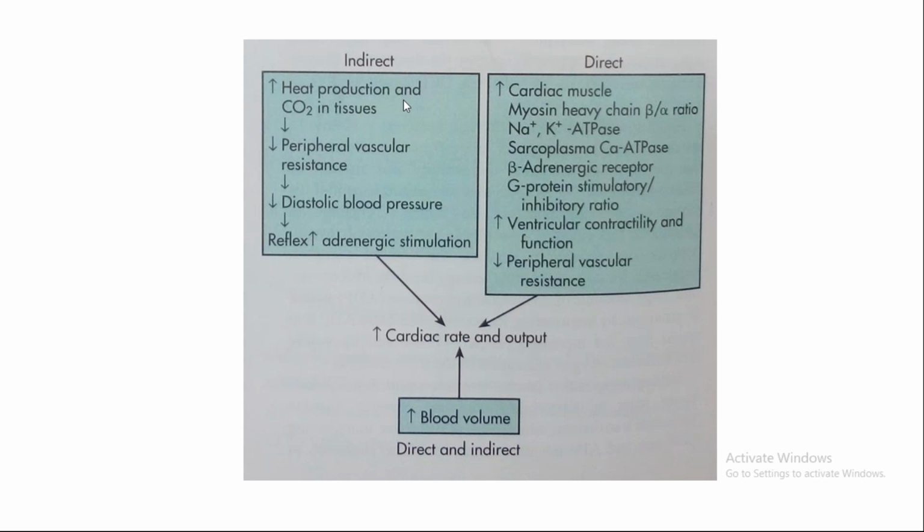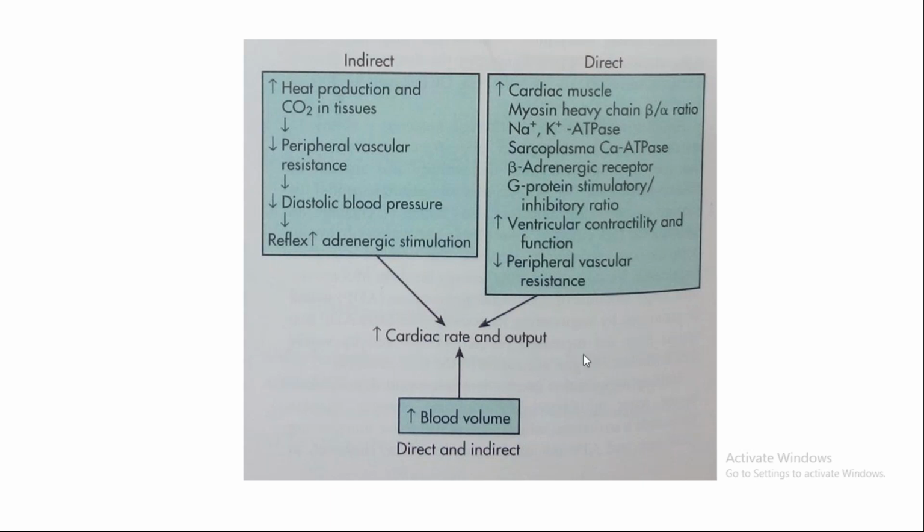So ultimately, what will happen? Finally, this will lead to an increase in the cardiac rate and output. So systolic pressure increases here, diastolic pressure decreases here, pulse pressure is widening, and because of the thermogenic effect, vasodilation occurs, and that will finally lead to increased cardiac rate and cardiac output.